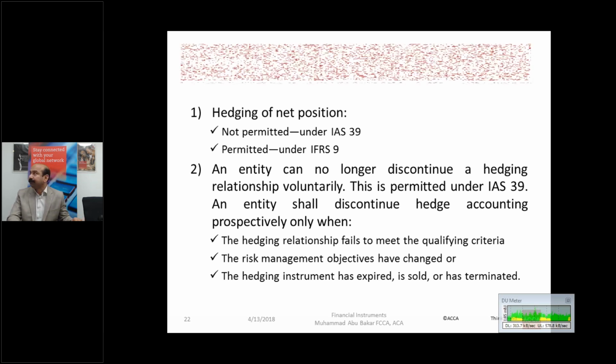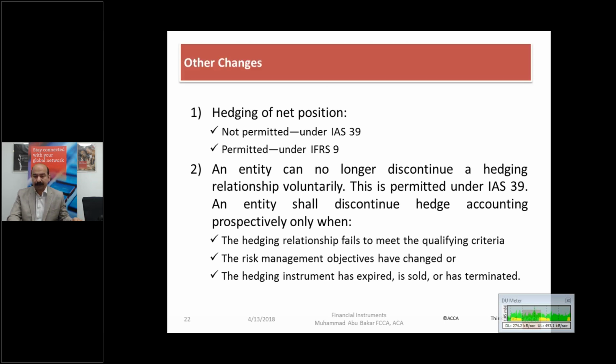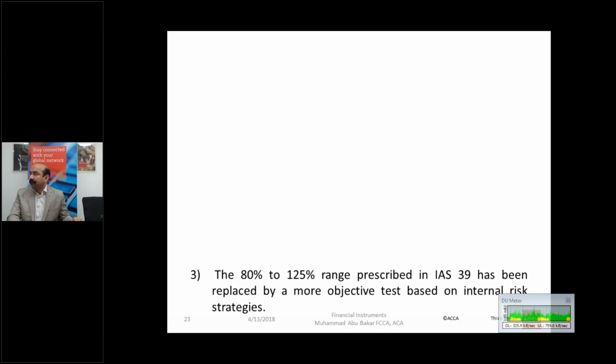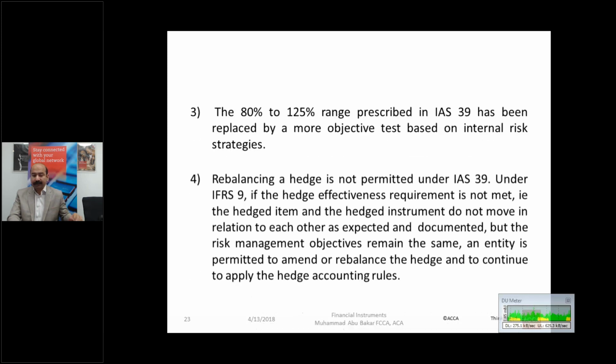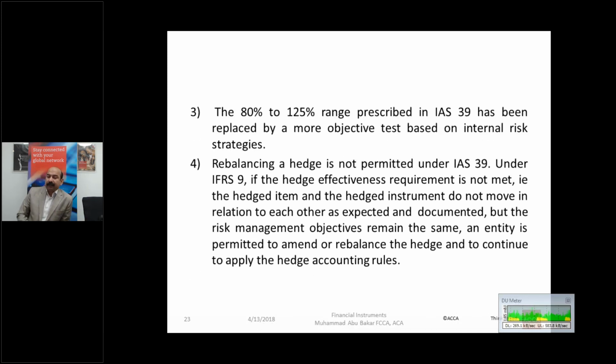Next is International Accounting Standard 39, which talks about the 80 to 125% criteria. Now this has been replaced by a more objective test based on internal risk strategies.